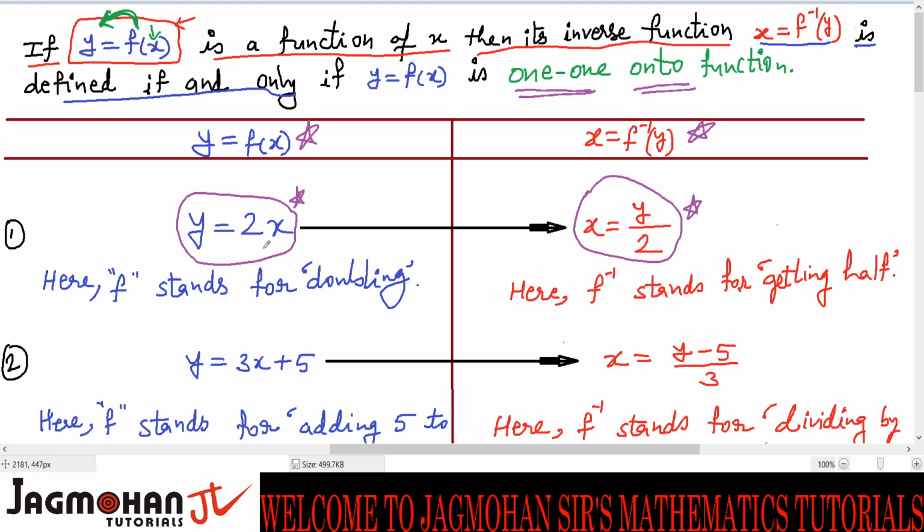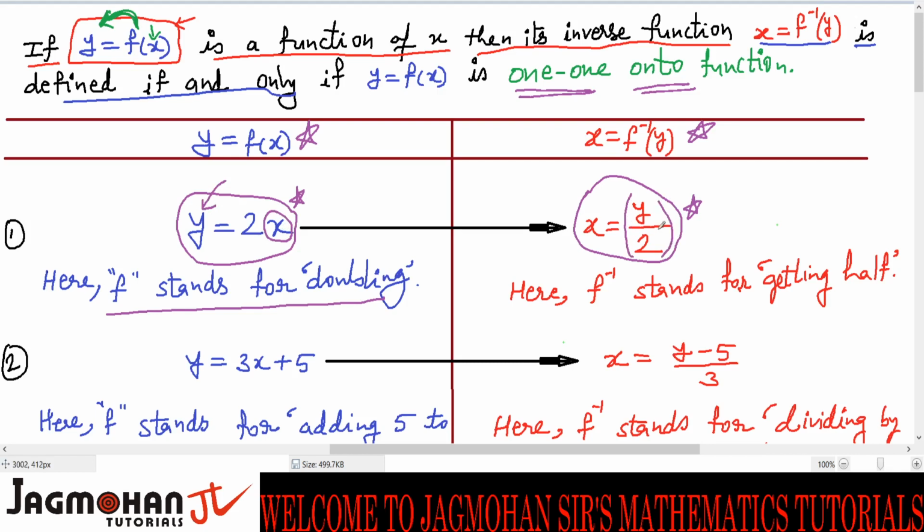So here what is the rule, students? If you call this y equals f of x, then f stands for doubling. What is happening? Whatever value of the independent variable you decide, the dependent variable y will be double of this. Now on the right hand side you notice that the function is exactly the reverse.